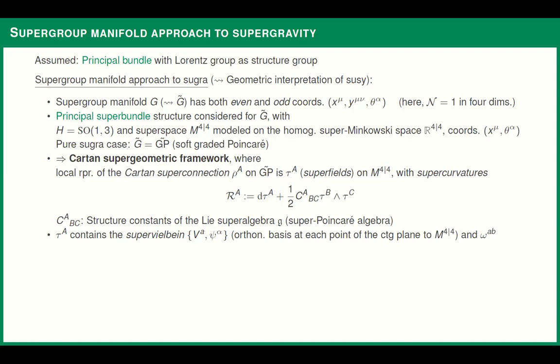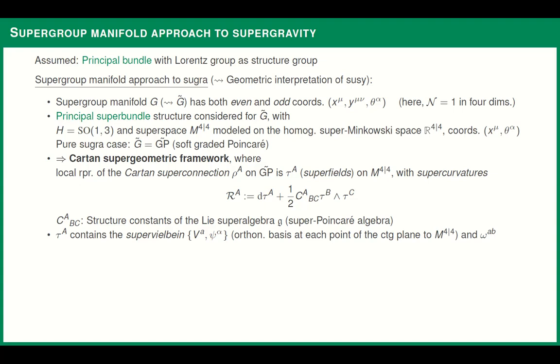So now we have a Cartan supergeometric framework, a Cartan superconnection, and the local representatives of the Cartan superconnection are superfields defined on superspace with the associated supercurvatures. Now these ABC are the structural constants of a Lie superalgebra, so in particular we will focus on the superalgebra case.